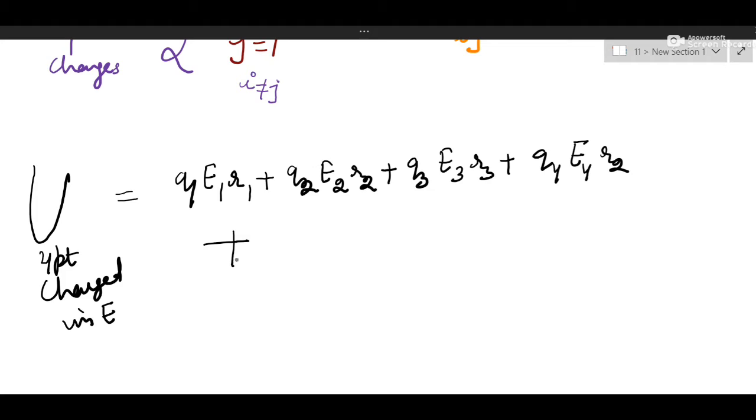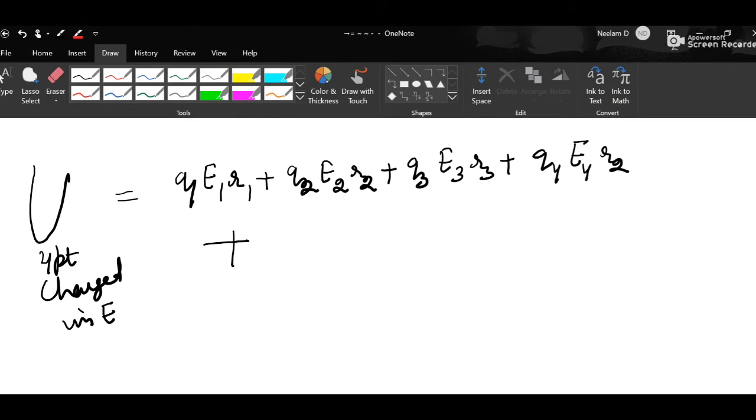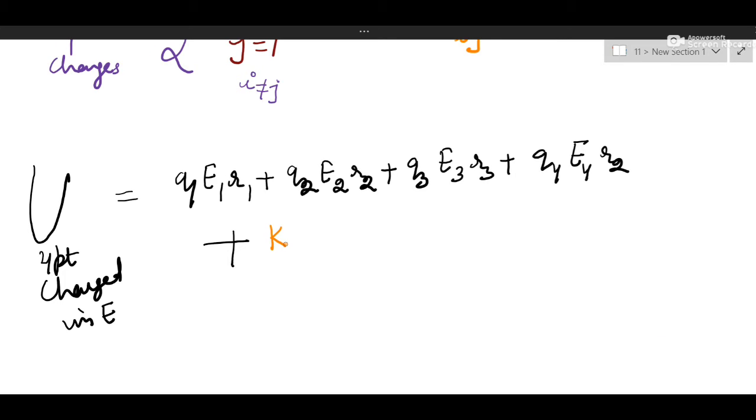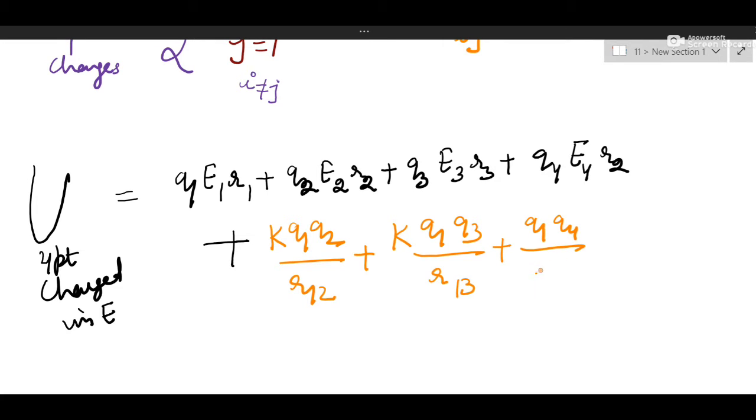Now their mutual interaction, you will write due to the mutual interaction of the charges. So you can see general formula is K, charge 1 into charge 2 by distance. So Q1 will interact with Q2, mutual separation. Similarly, Q1 will interact with Q3, mutual separation. And Q1 will interact with Q4 also and mutual separation, but don't forget to write K.